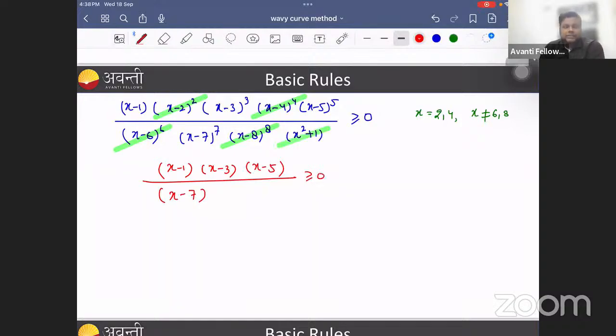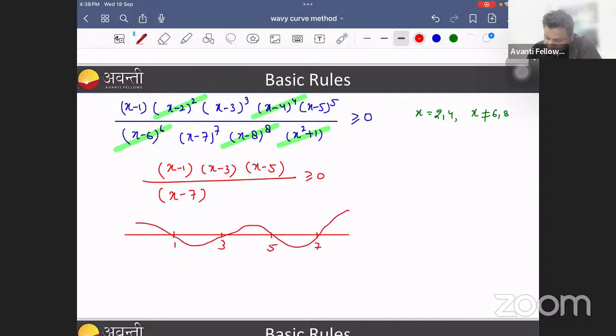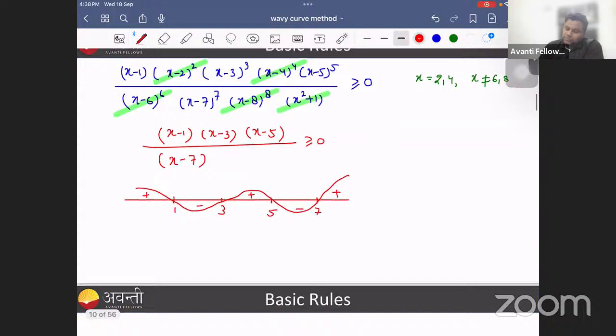Am I clear? Now I make the number line. Roots are 1, 3, 5, 7. Increasing order of roots, and then make the wave. Plus, minus, plus, minus, plus. So I want more than 0.